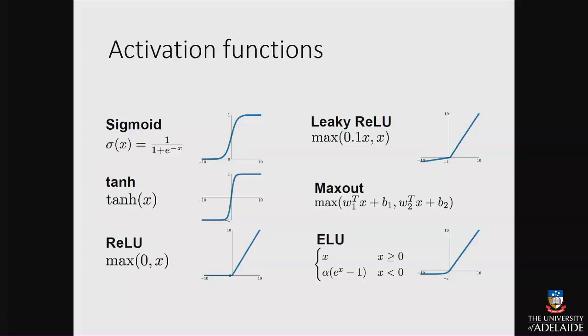This is a typical nonlinear function. We also have some other kinds of nonlinear functions like sigmoid, tanh, leaky ReLU, maxout, and ELU. They are all different kinds of nonlinear functions. Basically, the ReLU function and the sigmoid function are mostly used in neural networks.